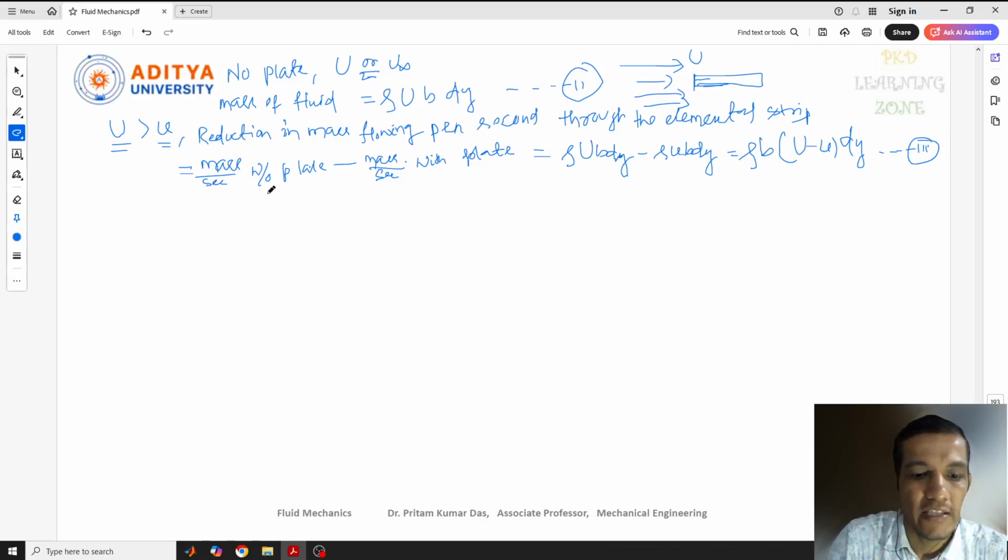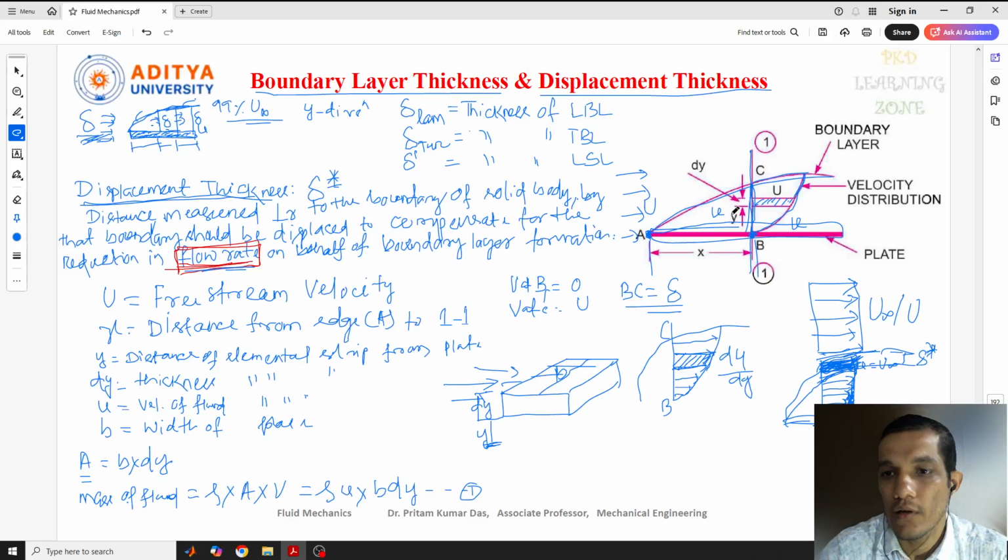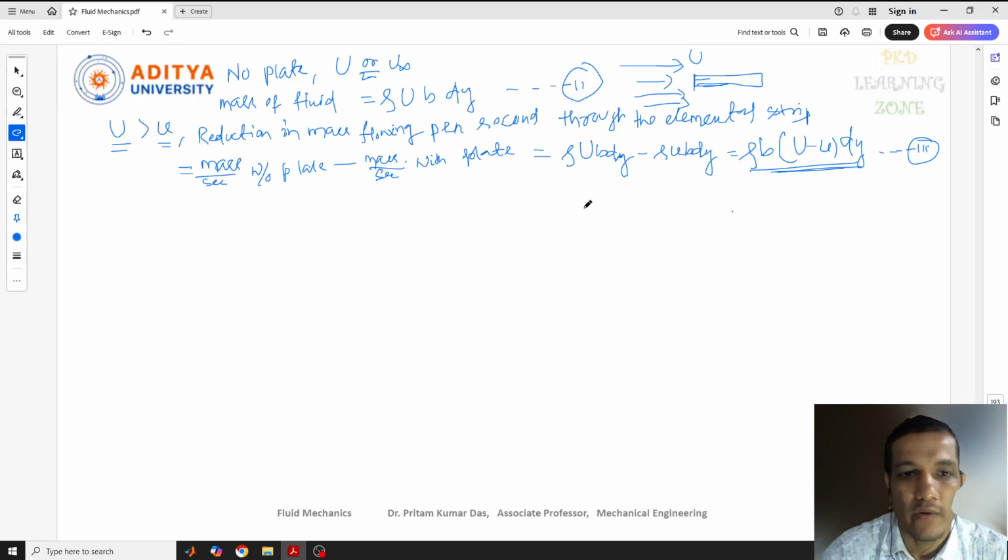The next task: this is for only one elemental strip, correct? The elemental strips are present in this boundary layer, from point B to point C. So now for the total reduction in mass flow rate, we need to consider the whole area where the change in velocity gradient is present.